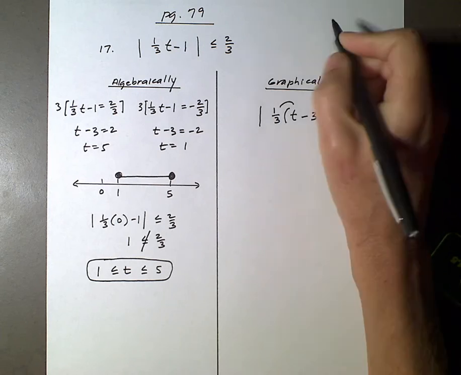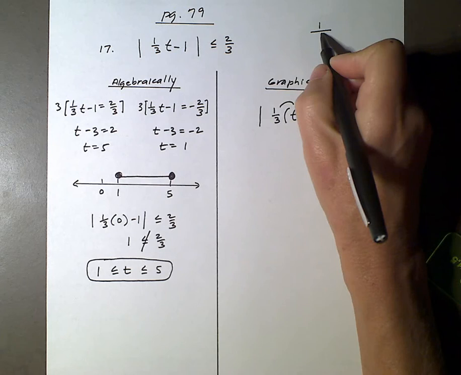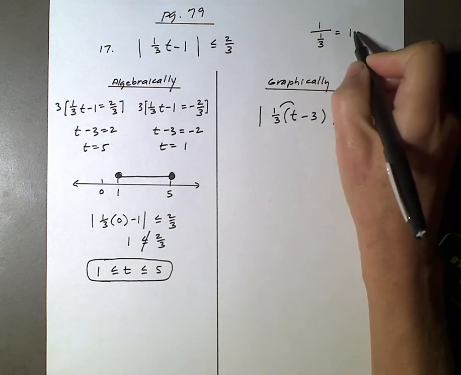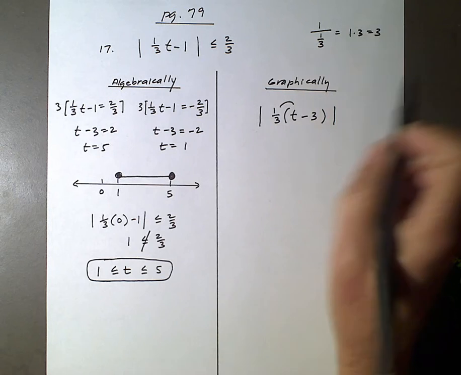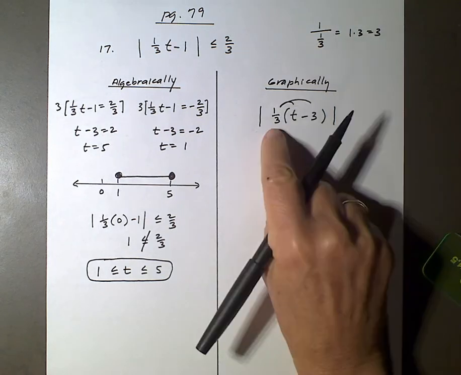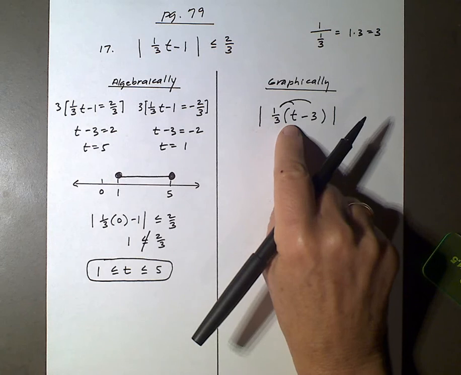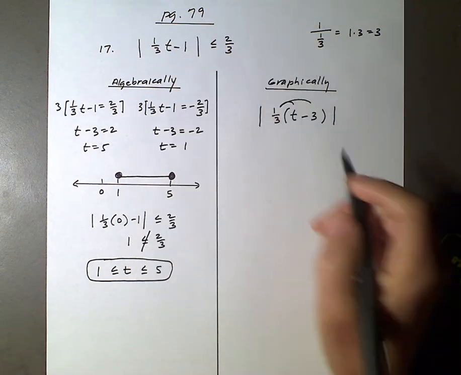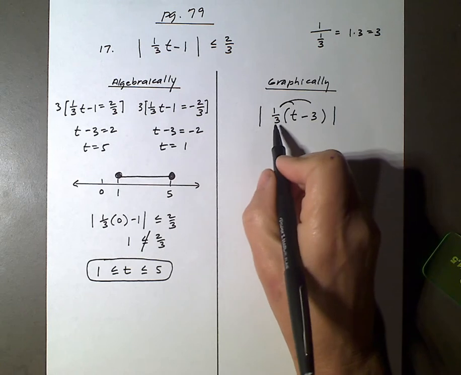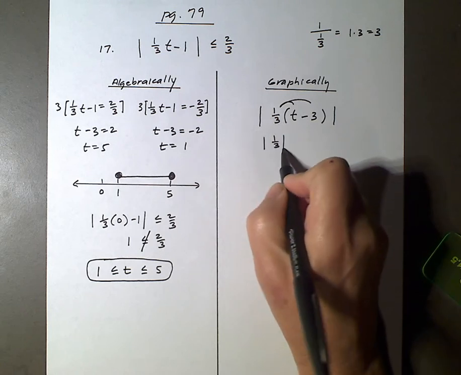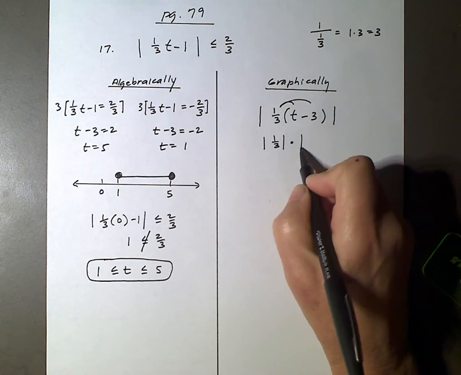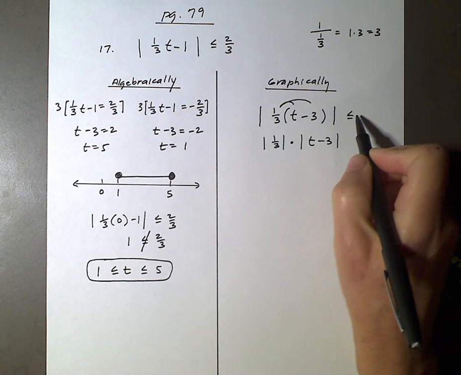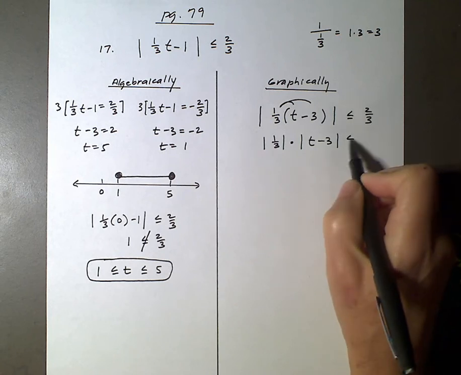Okay, just as a side note, 1 divided by 1/3 equals 1 times 3, or 3. So if you distribute this back, you have 1/3 t and a 1/3 times negative 3 to be your negative 1. Okay, so now I know this is equal to the absolute value of 1/3 times the absolute value of t minus 3. And let's put the rest of this inequality back in.